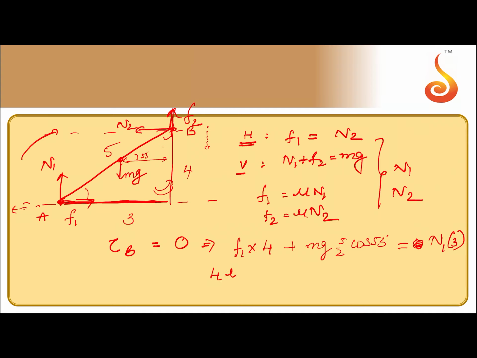We get 4 mu N1 plus 3 mg divided by 2 is equal to 3 N1. I simplified this one here and that gives us 3 mg by 2 is equal to 3 minus 4 mu into N1, where N1 is mg divided by 1 plus mu square.